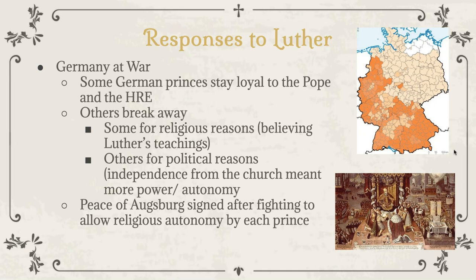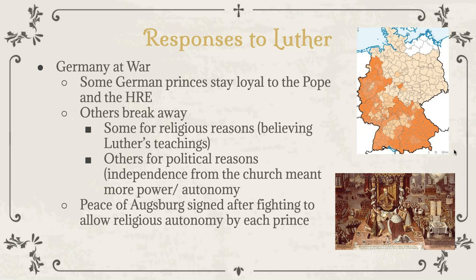In addition to this, we see that some other groups decide that they want to break away from the Catholic Church. And some are religious reasons, that you have people that do believe very heavily in what Luther is teaching, and that they're going to follow him moving forward when it comes to him being the religious authority, or this new Lutheran system as being the authority rather than the Catholic Church.